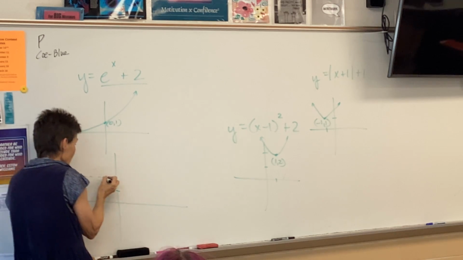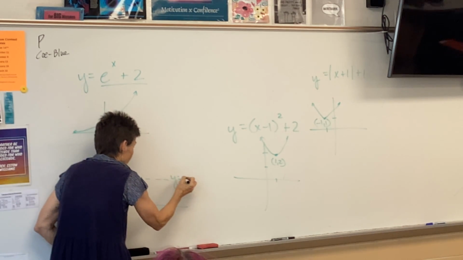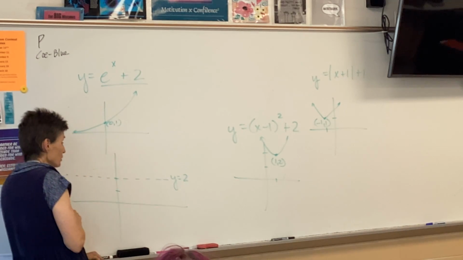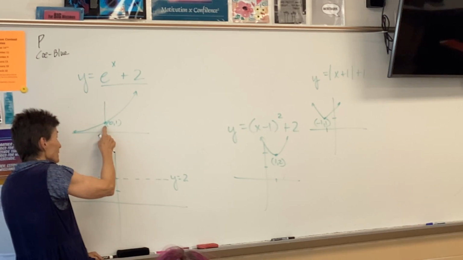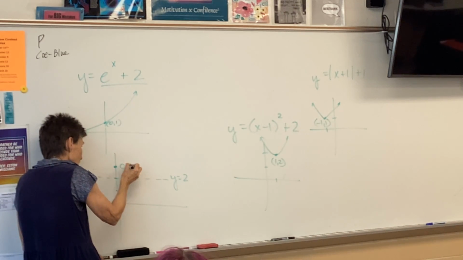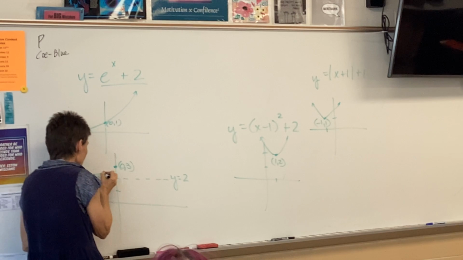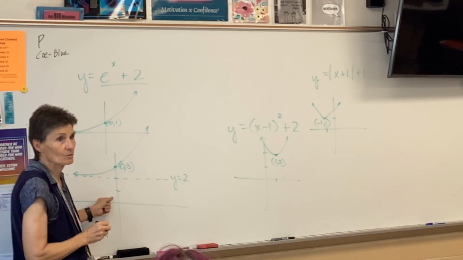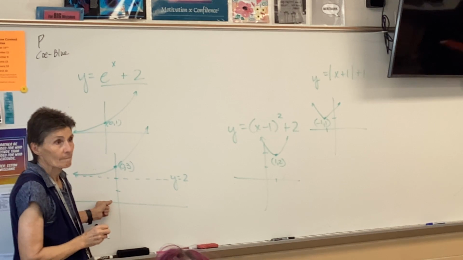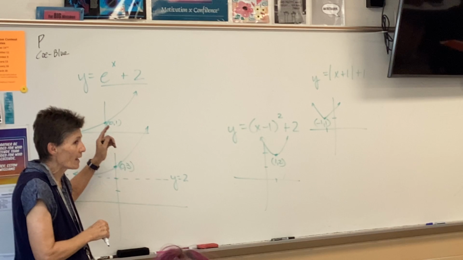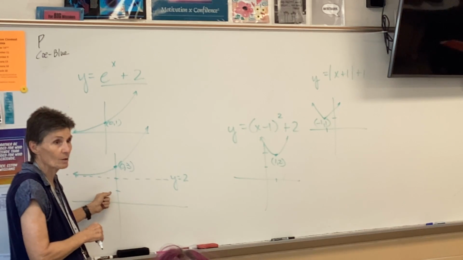So now he's up here. He was on the x-axis. Now he's up 2. That point was at 0, 1, but now it's at 0, 3. And then I have my shape. So this is the answer to the question. I always draw the original so I get a visual, but you don't have to. This is what you have to have though on your paper.